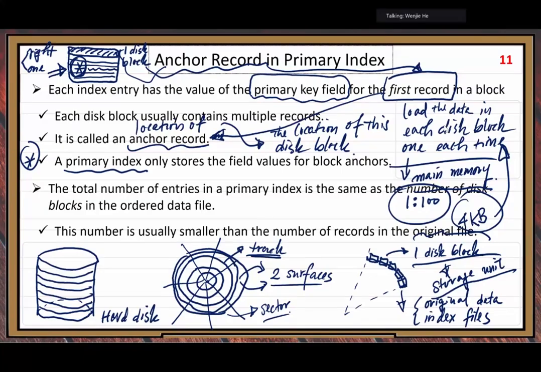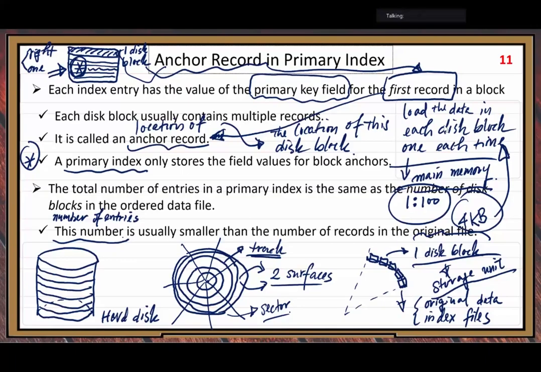If you can store 20 rows in one disk block, then this number, which means the index entry number, the number of index entries, is 1/20 of the number of records in the original table.